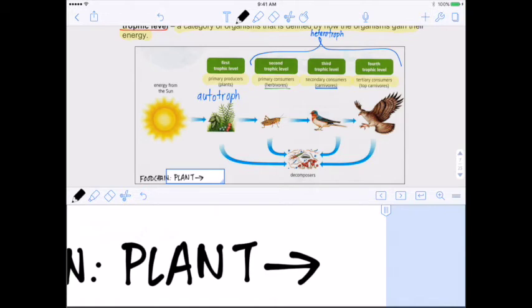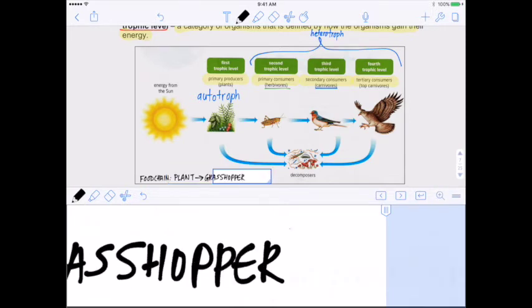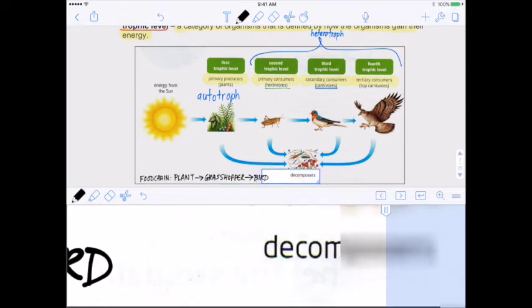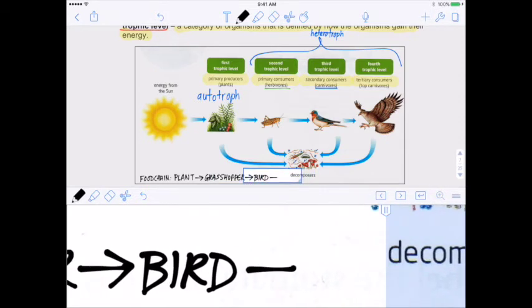They don't start with the sun. We're only showing the living organisms, not the abiotic factors. So the first organism in this feeding relationship is the plant. And the plant will give its energy to the grasshopper. The grasshopper will give its energy to the bird, and the bird will give its energy to the hawk.